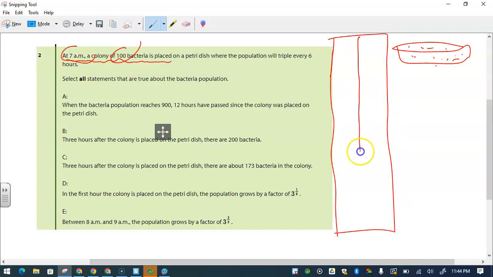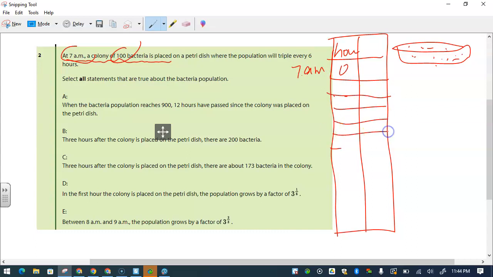So this means hours passed from 7. In the beginning, if it is 7 a.m., that's like 0. If it is 8, 9, 10, 11, 12, 1, so it's like 1, 2, 3, 4, 5, and 6.